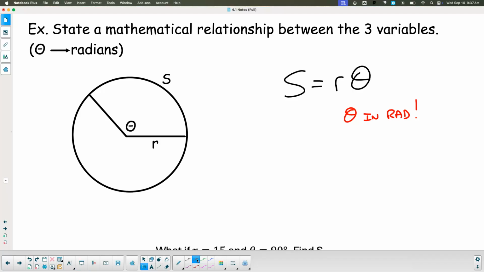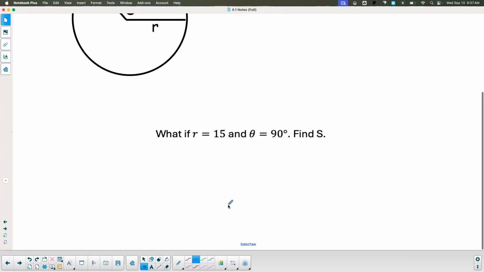With that being the case, what happens if we have a central angle measure theta in terms of degrees? Well, for right now, until Friday, because that'll be the next time we have class, when we'll convert degrees to radians and radians to degrees, luckily for us, 90 degrees is how much of a circle? It's a fourth of the circle, right?